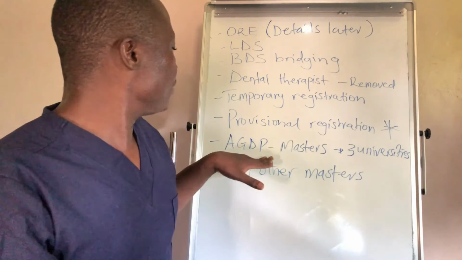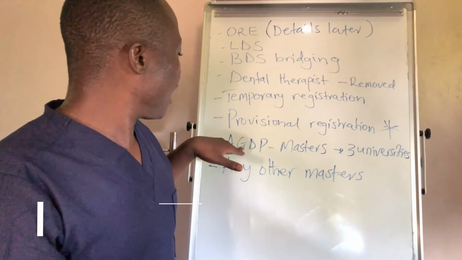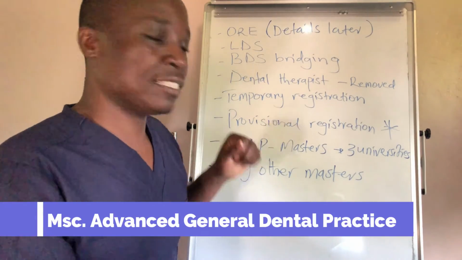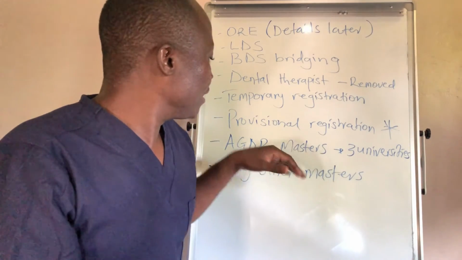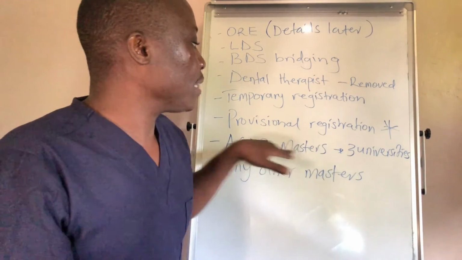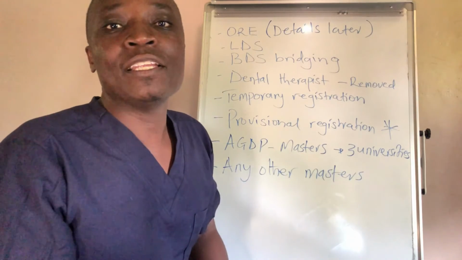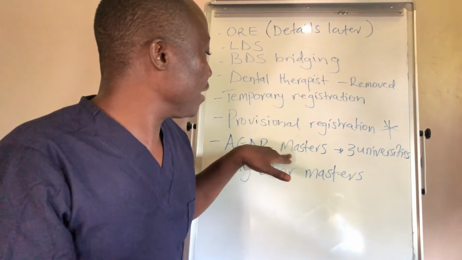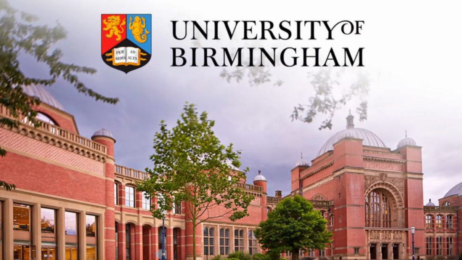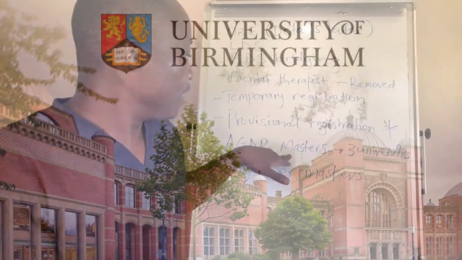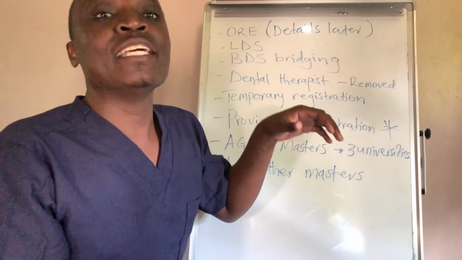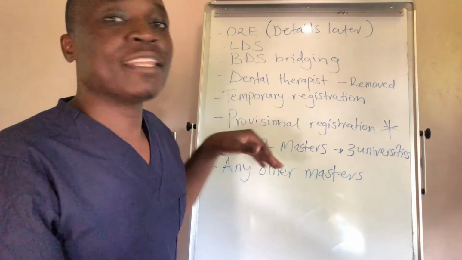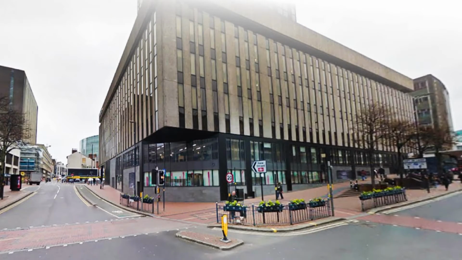Then we have a master's in advanced general dental practice. There are only 3 universities in the UK that provide this master's, and one of them is here in Birmingham. Then we have Ulster University, which also teaches this on their campus here in Birmingham.